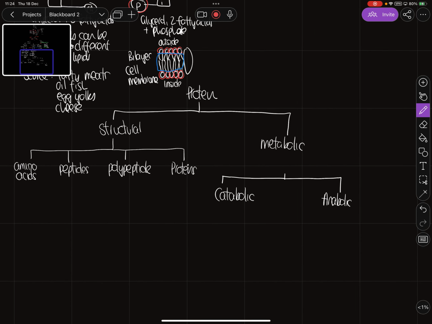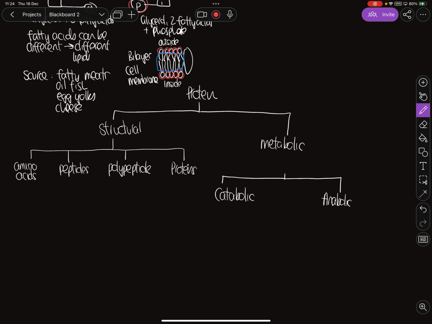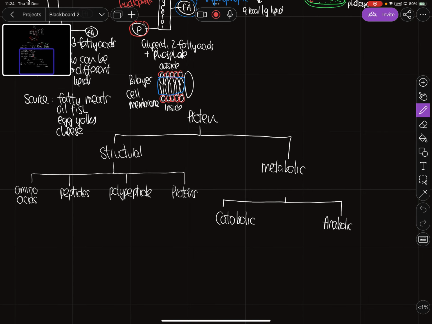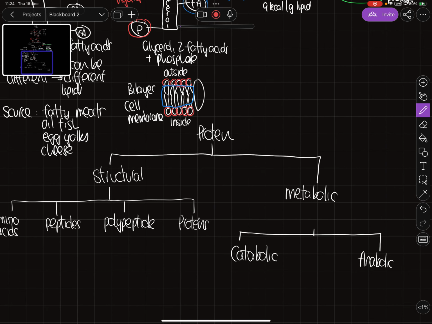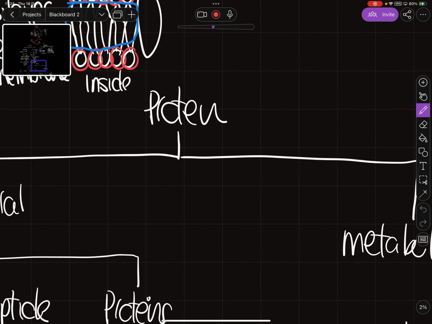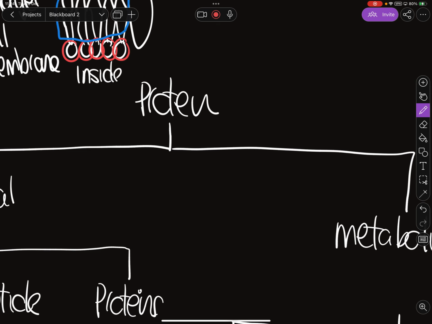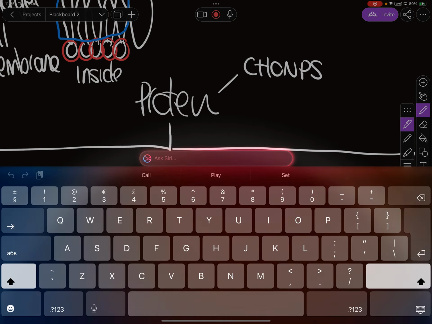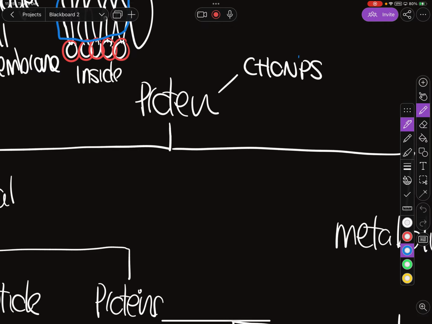We're going to have a look at proteins now. So in terms of our proteins, this will be my shorthand for proteins. CHONPS, kind of chomps in my head is what it sounds like. So these are the main elements, the CHON, and there will be some P and S in it.